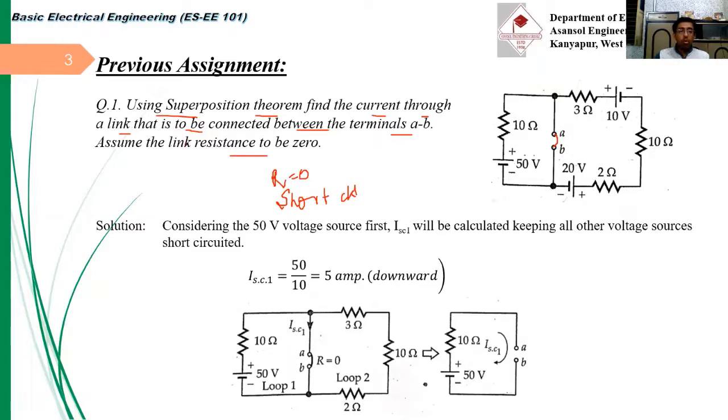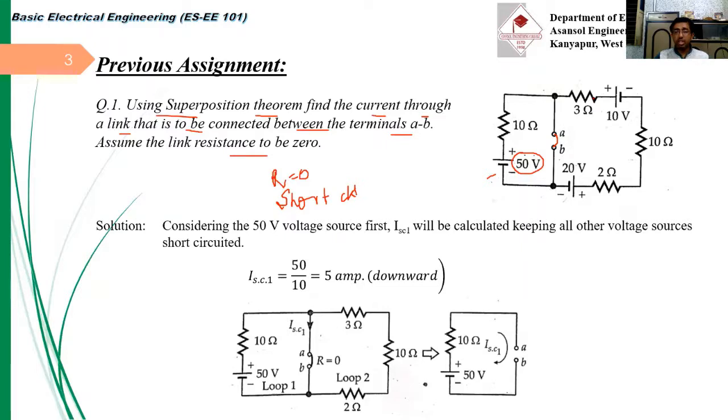What is the theory of superposition theorem? If there are more than one sources, then we will take each source at a time. So first consider the 50-volt source. If you consider this 50-volt source, then other sources, what will happen to those?